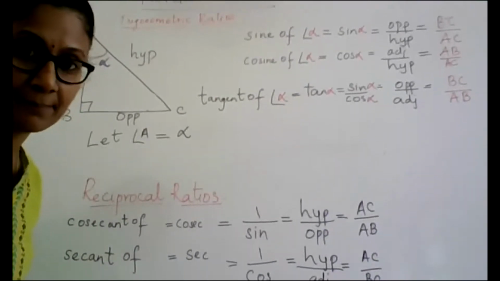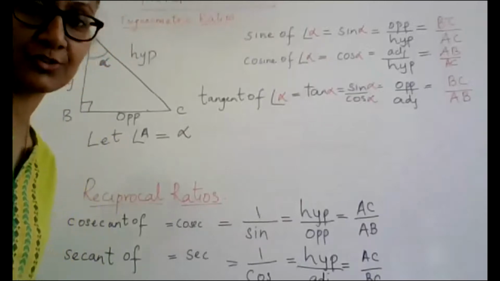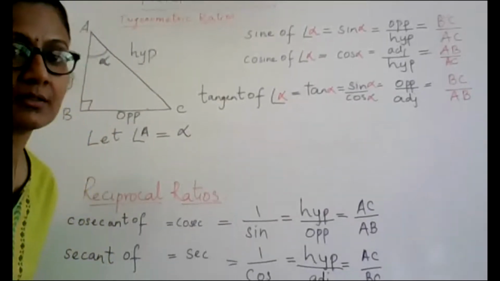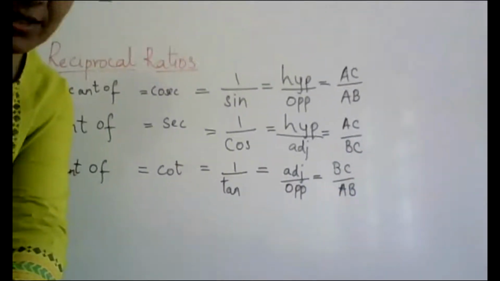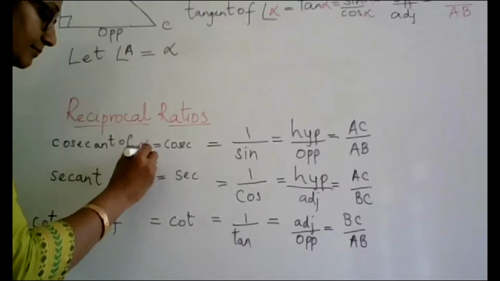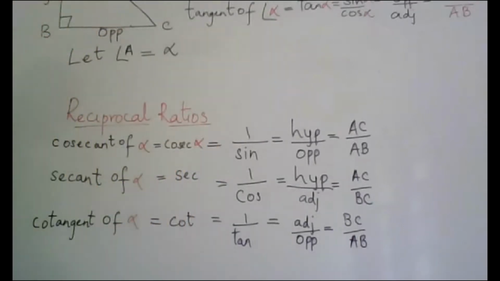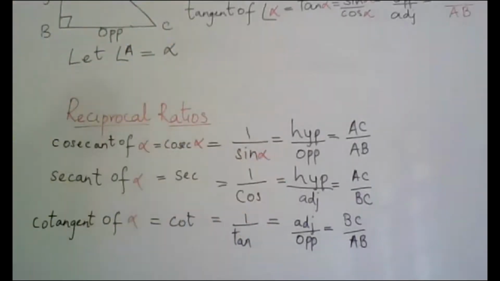Is it clear? Yes. So now, let's try writing the reciprocal ratios. Once your basic ones are over, come back to the reciprocal ratios. So cosecant of angle alpha will be abbreviated as cosec alpha, which is 1 by sine alpha, which is hypotenuse by opposite.